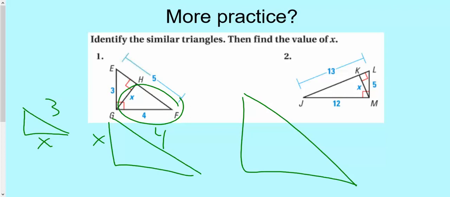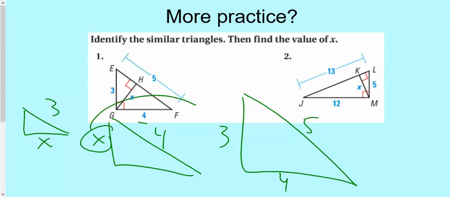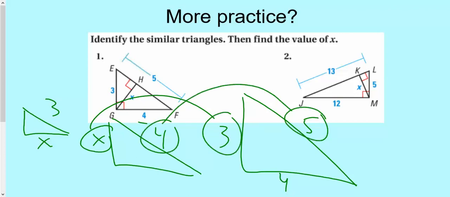Okay, and then I'm going to do the large triangle. I have 3, 4, and 5. So we have a few options here. We can do x and 3, and we can do 4 and 5. So we can do x divided by 3 equals 4 divided by 5. Cross multiply, solve for x. And that's the strategy here.